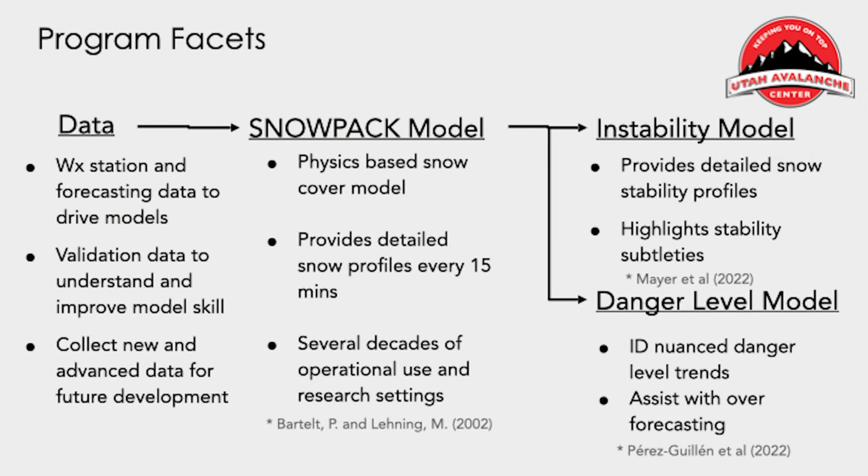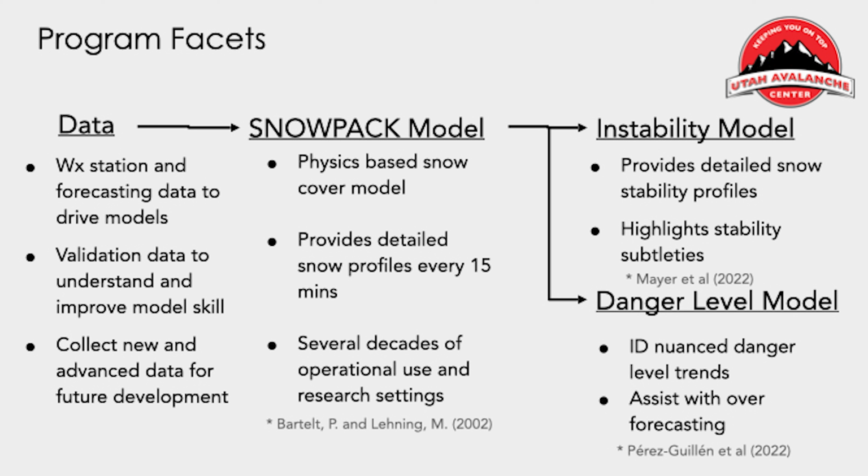And then lastly, over the last few years, there have been some advancements in using machine learning to develop instability models, which depend on a lot of the instability parameters that we've been talking about earlier today. When we couple a snowpack with weather information and these instability models, then we can get detailed snow stability profiles.